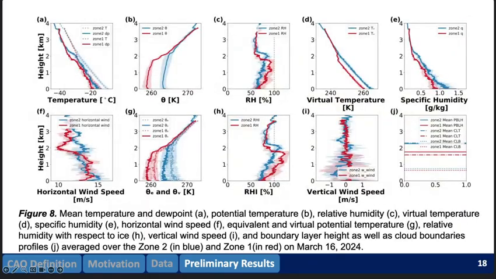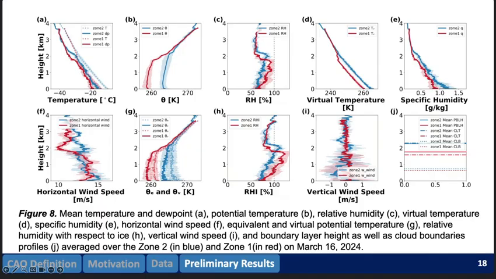And we got similar results here. These are the averaged sounding profiles comparing these two regions. So we have the temperature, dew point, potential temperature, relative humidity, virtual temperature, specific humidity, and horizontal wind speed.